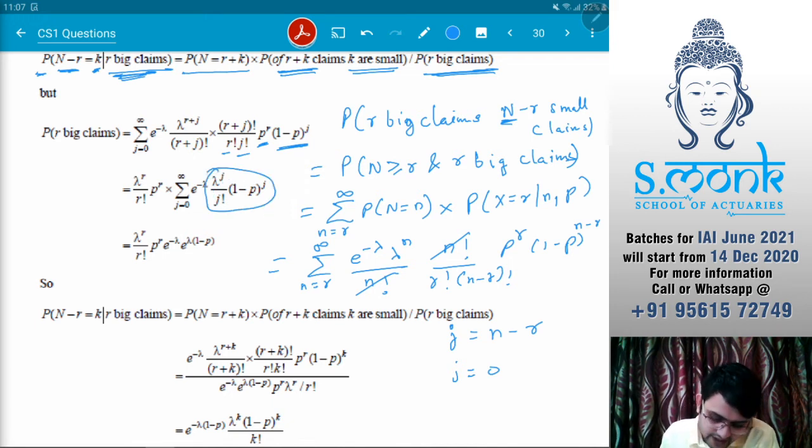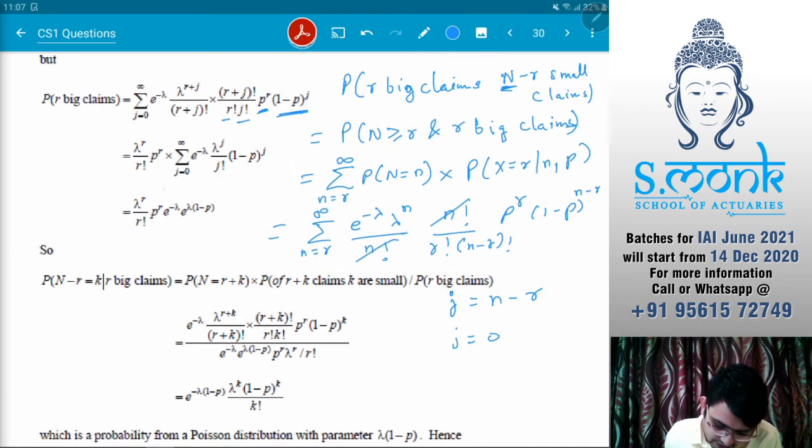is nothing but our exponential series, because when you put j value you will get 1 plus lambda 1 minus p plus lambda 1 minus p whole square by 2 factorial and so on. This will go on forever. So that is nothing but exponential series. So you get this value.